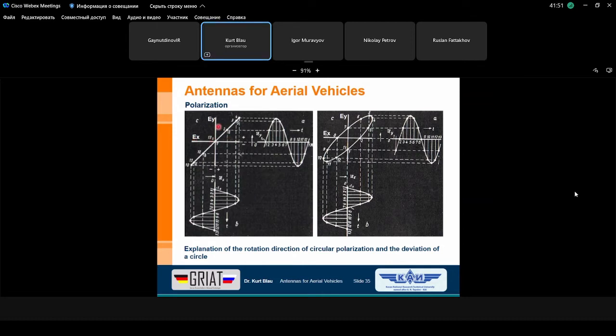Both dipoles are fed with a sinusoidal voltage given here. This is the voltage we apply for this dipole in the x plane, and here the voltage is for a dipole in the y-plane.